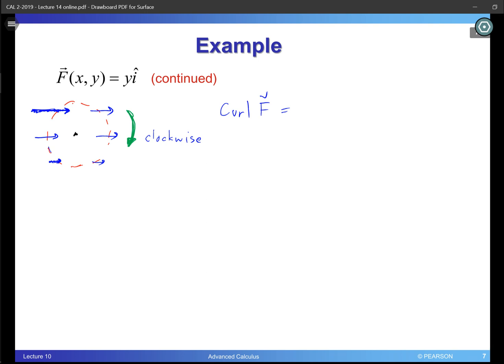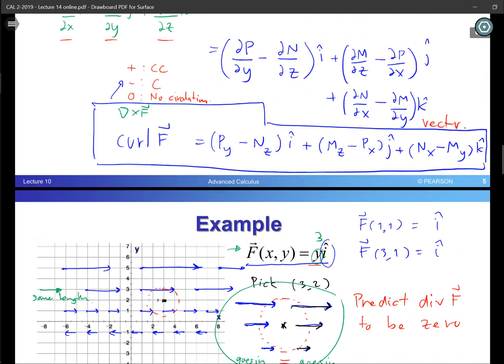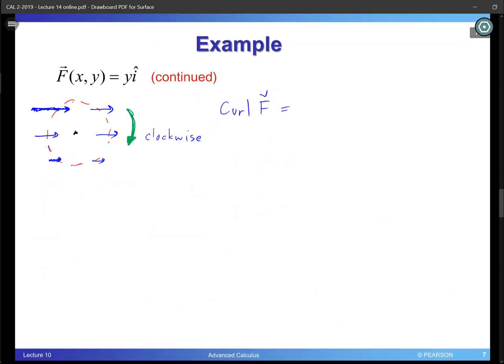I'm going to bring down the formula here because it's easier to use. Let me write that formula down here.